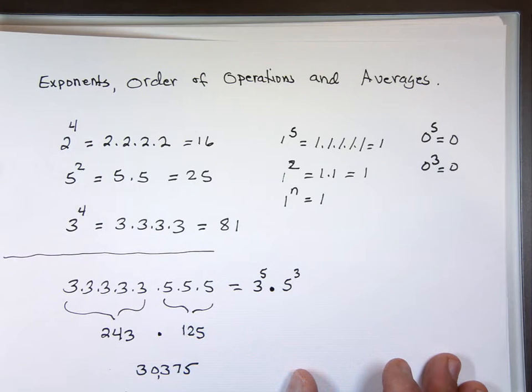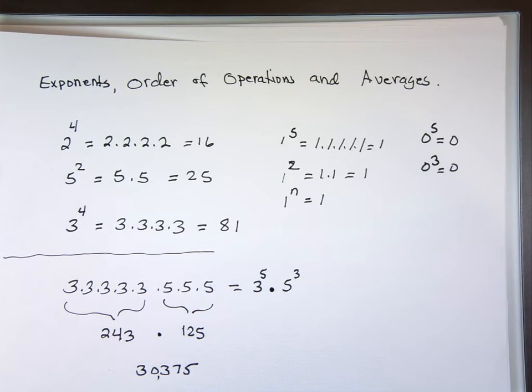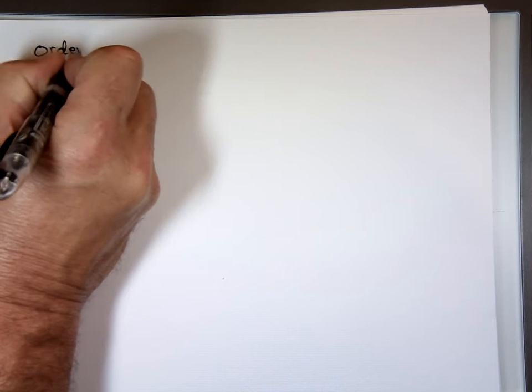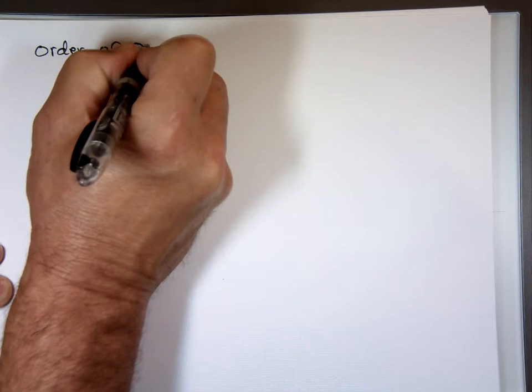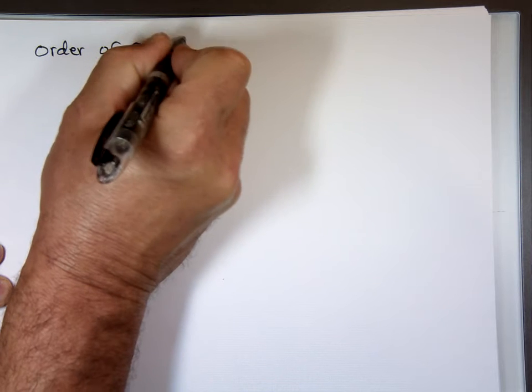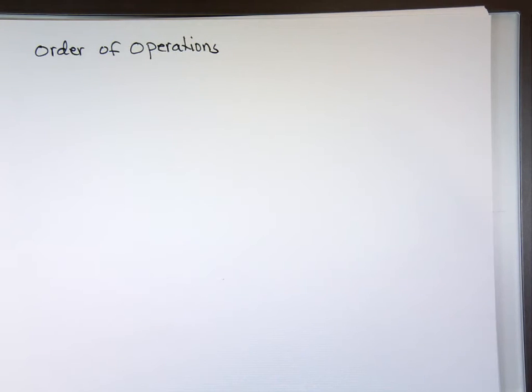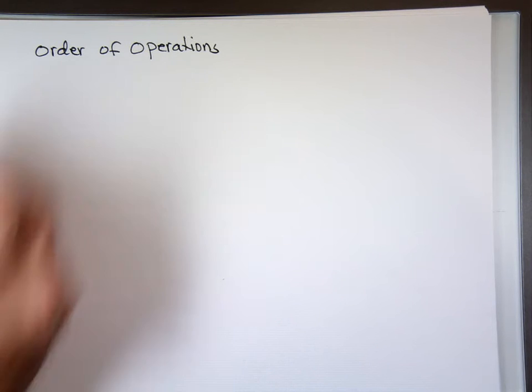So here's the order of operations. First thing we do is what?